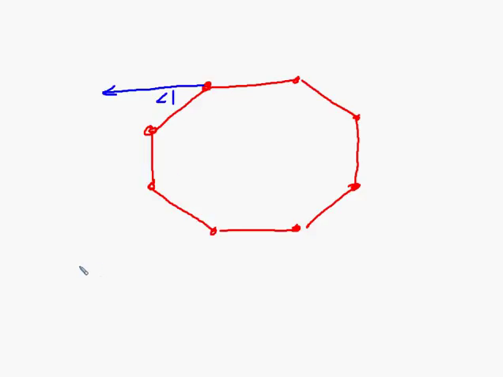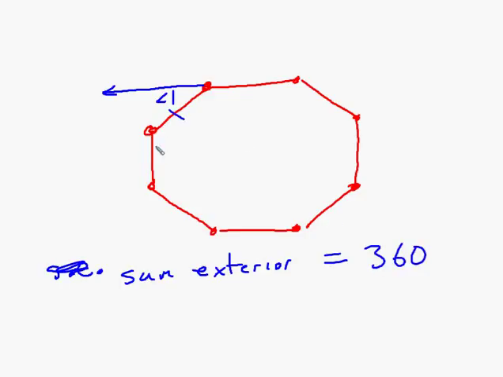The easy way, the sum of the exterior angles is 360. Now, if this is regular, that means all the angles are the same, which means all the exterior angles are the same. So all I have to do is 360 divided by how much? 8. 45. So this is 45, which means this is 135 in here, if I wanted to know that.